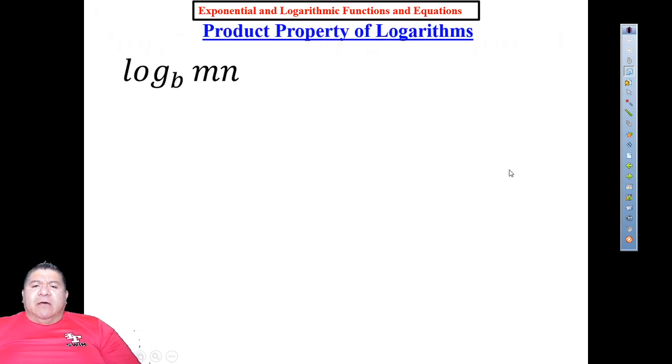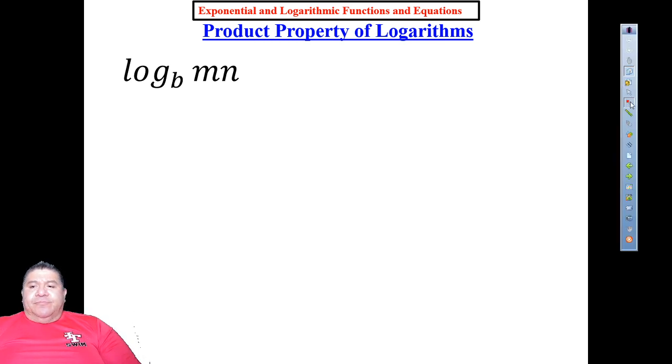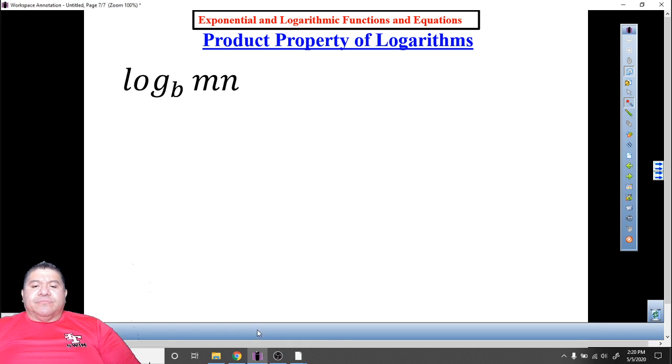Our first property, copy this down, product property of logarithms. Product property of logarithms. Our first one is log b of mn, or log b of m times n. Why times? Because it's called the product. Now, let's think back to when we did exponential expressions.